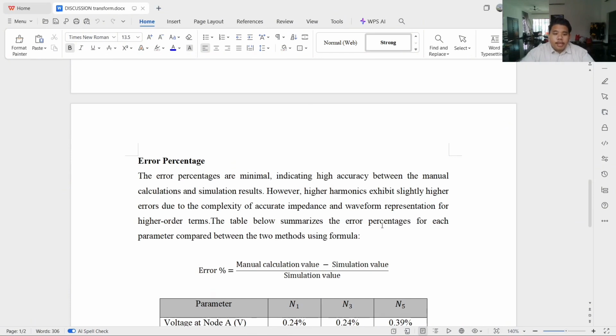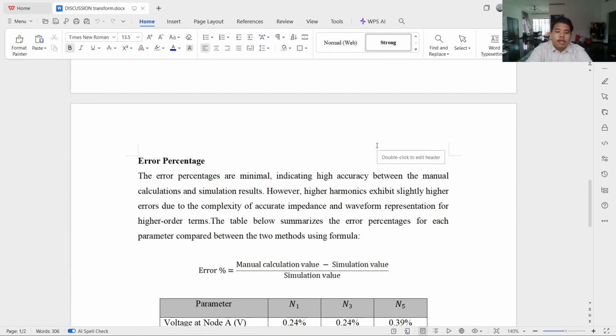For the error percentage, the error percentages are minimal, indicating high accuracy between the manual calculation and simulation results. However, higher harmonics exhibit slightly higher error due to complexity of accurate impedance and waveform representation for high-order terms. The table below summarizes the error percentage for each parameter compared between the two methods using the formula.